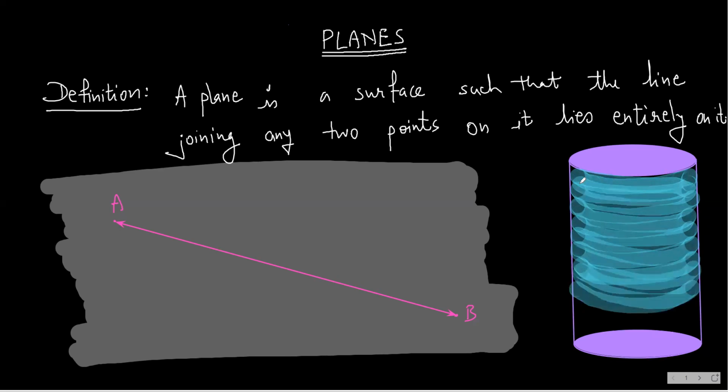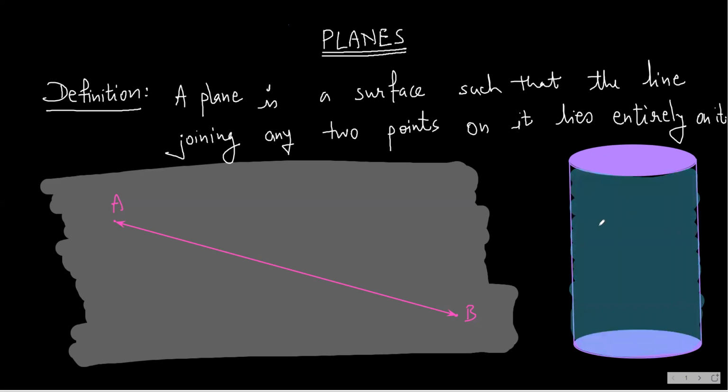Right now I am trying to show a 3D object on a 2D screen, so you will have to imagine what it is like. See, this is a curved surface. You understand?